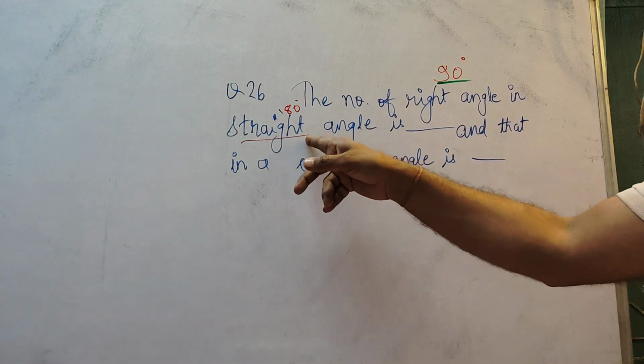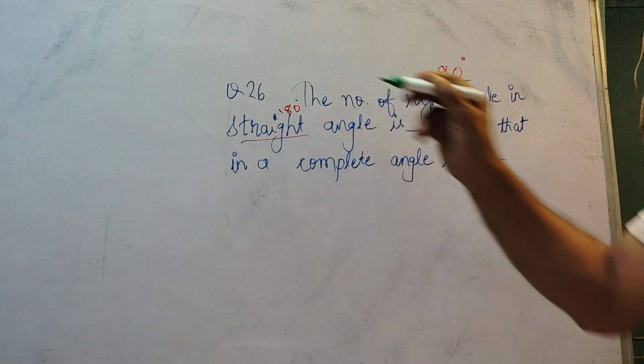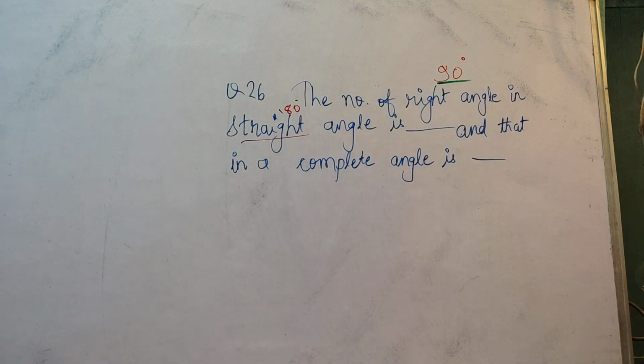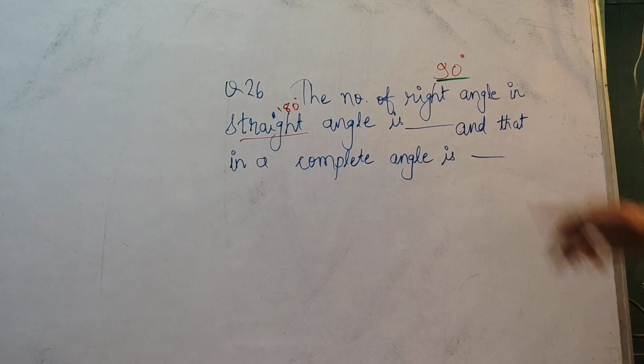So what is the number of right angles in a straight angle? 0? Why, how can you say 0? No, 1. One right angle makes only 90 degrees. We have to make 180 degrees. So basically there's only 1 in one straight angle.